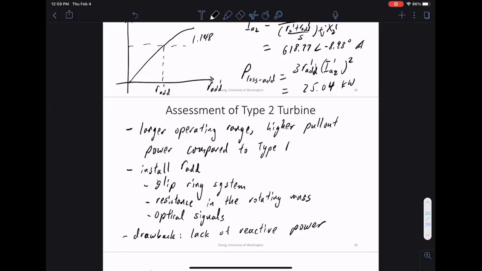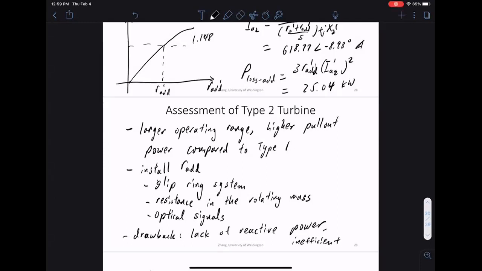We still cannot deal with reactive power issues, because we're adding a resistor, not an inductor or capacitor. So the current multiplied by the voltage still cannot give you reactive power. Another drawback is that this is inefficient.